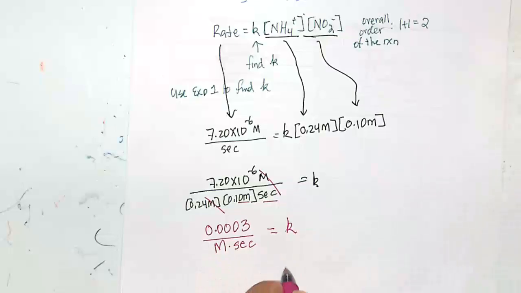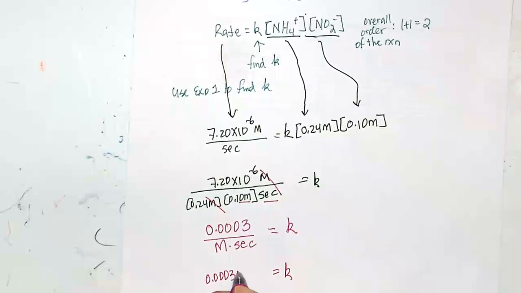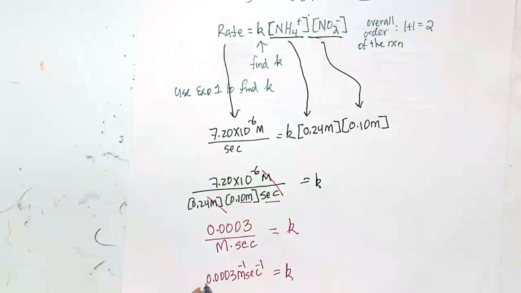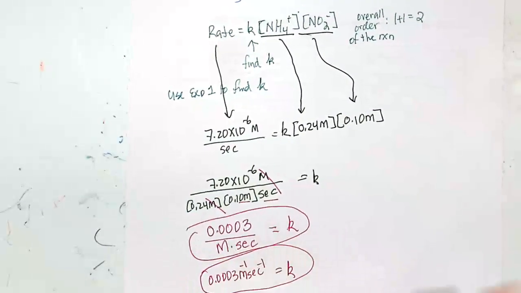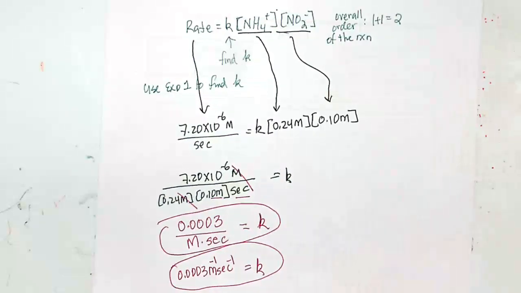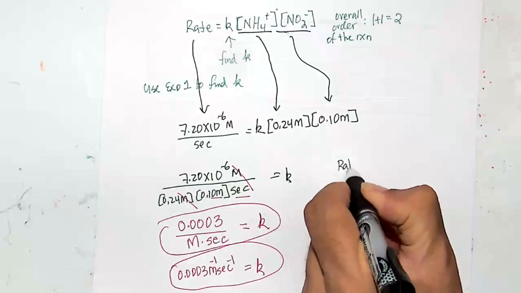Right, now you can also do this. K is equal to 0.0003 m to the minus 1 seconds to the minus 1. Okay, that's also perfectly fine. So our final answer, this is what I want you to put on the exam. Our final answer is going to be this.